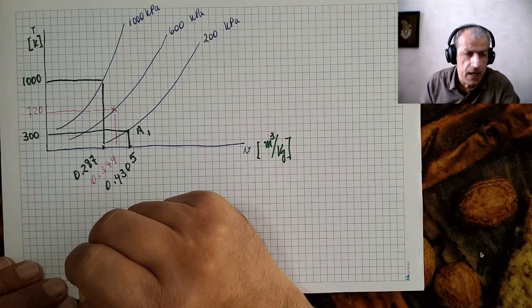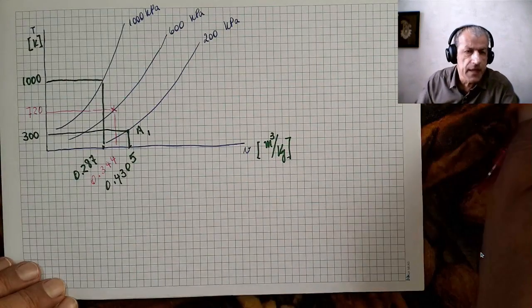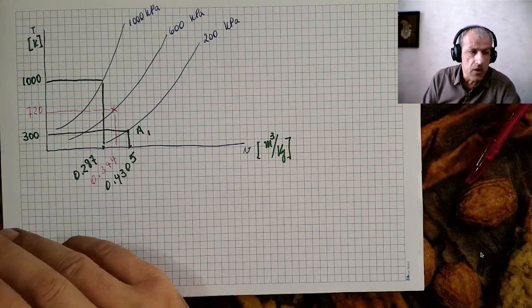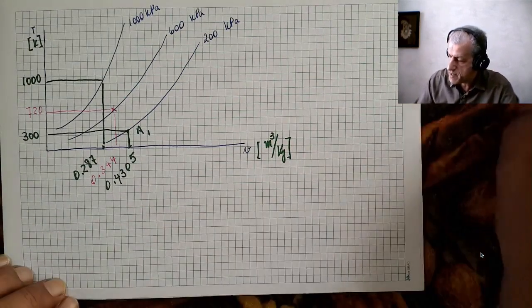So this is our problem on a diagram, which we have drawn, and we know what has happened.